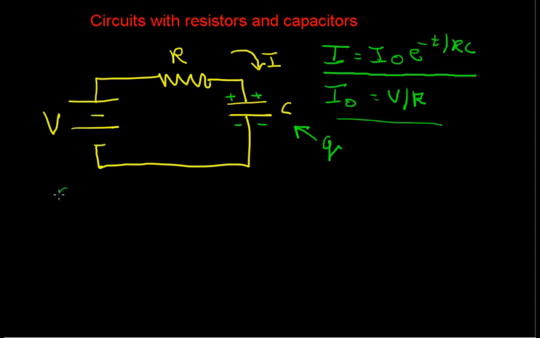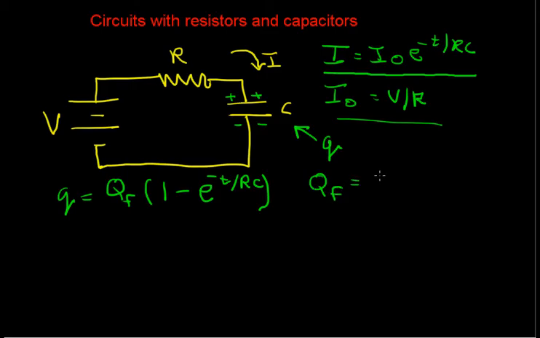And the relationship is this: the charge on the capacitor is equal to Q final, which I'll write with a Q sub F, times 1 minus the same thing, e to the minus t over RC. And so the Q final is equal to C, the capacitance, times V, the voltage.